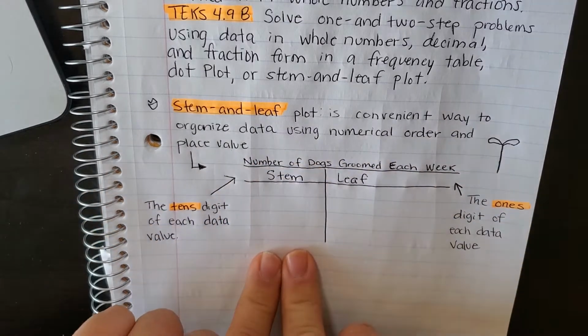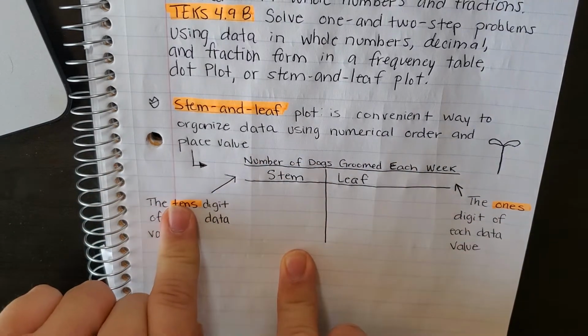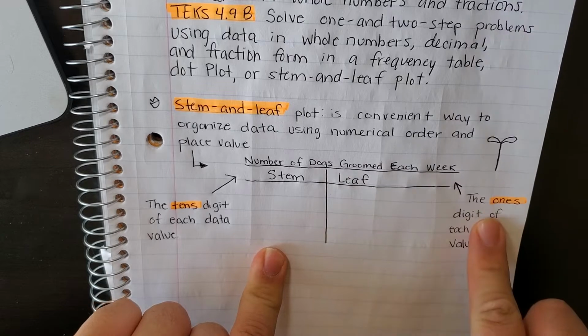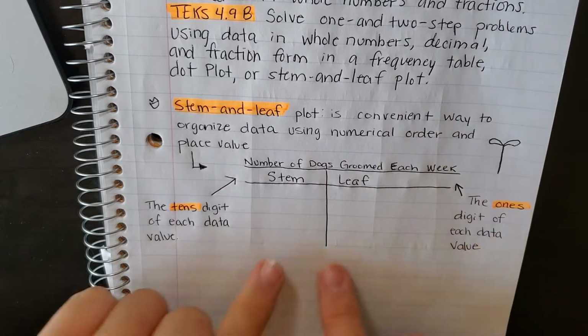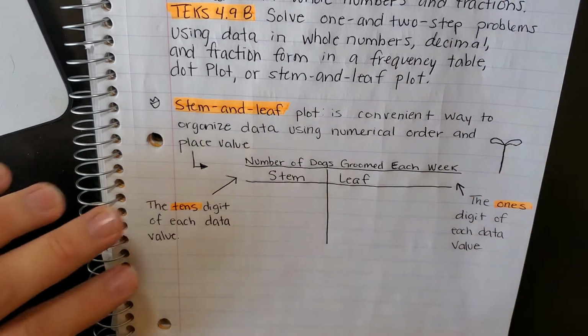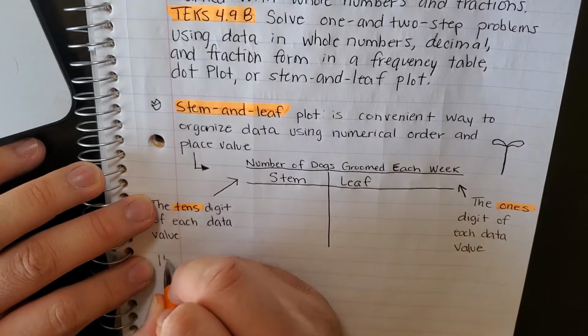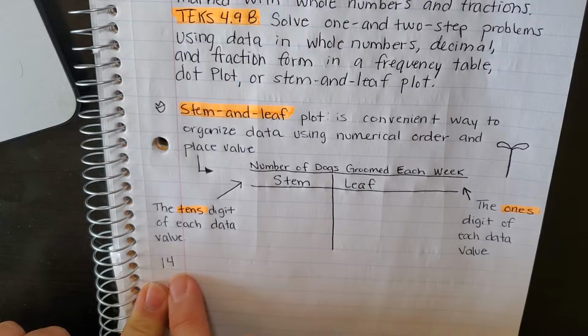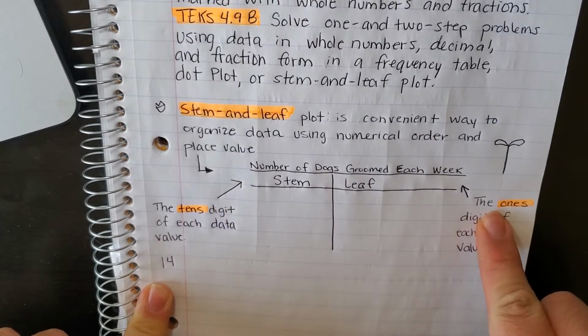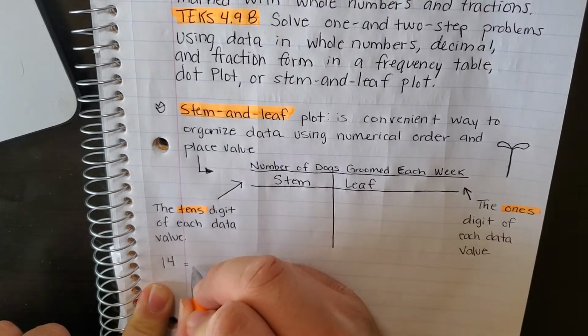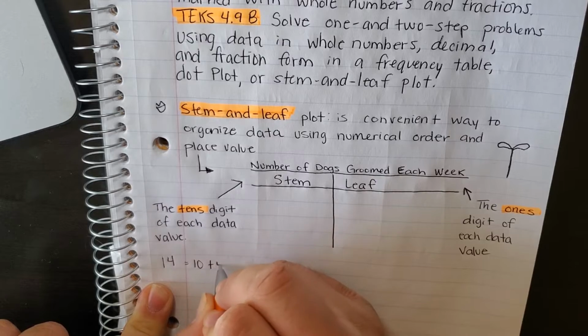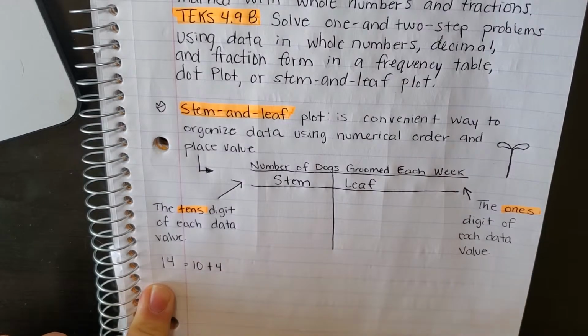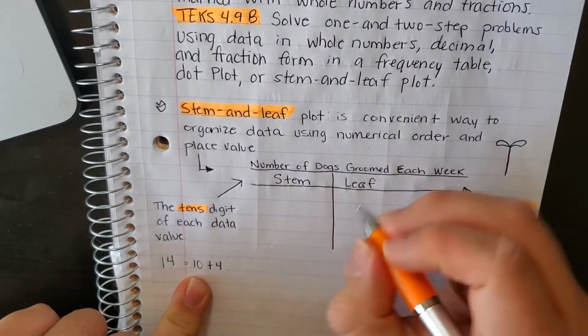On the stem part, I will only put the tens place value. And on the leaf part, I will only put the ones place value. So if we were to write number 14, how will I break this number up according to tens and ones? Well, this number will look like 10 plus 4, right? So my 4 will go on my leaf.